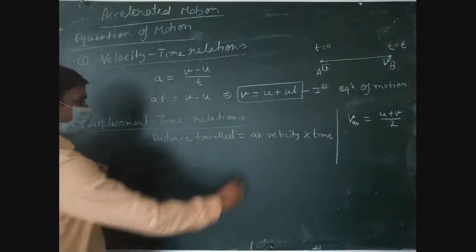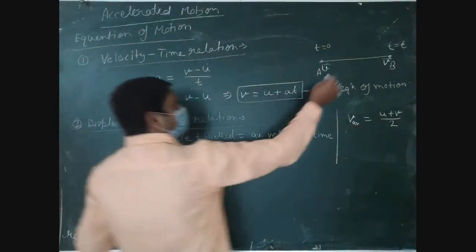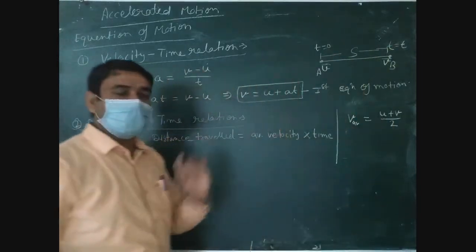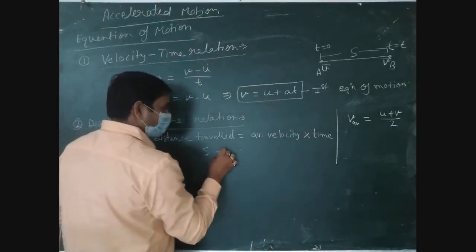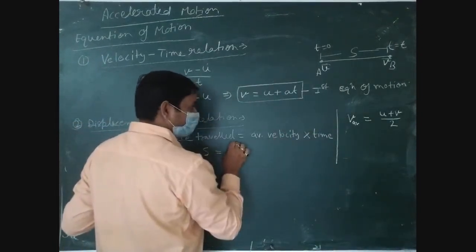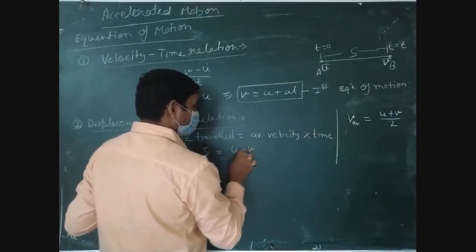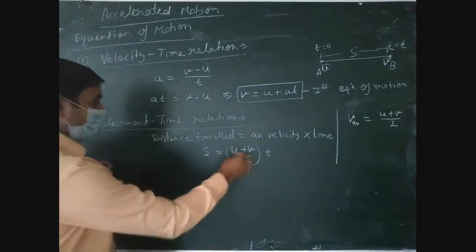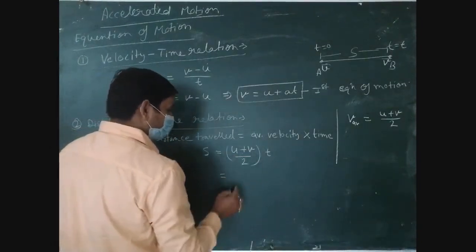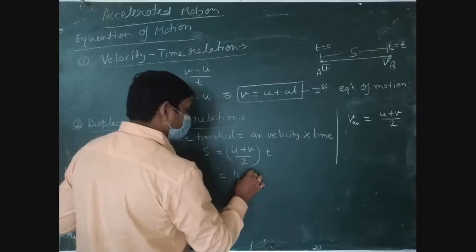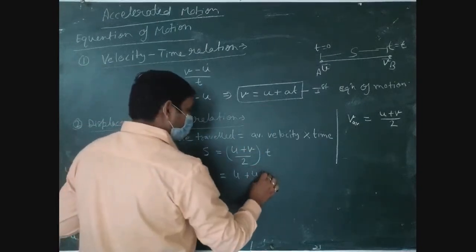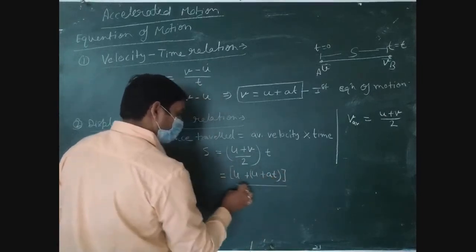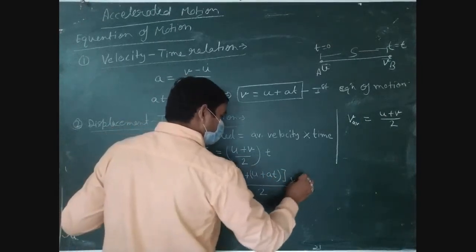Now using this relation, the total distance traveled between points A and B is s equal to average velocity, u plus v by 2, into t. Now from the first equation, u plus v is u plus at, by 2 into t.